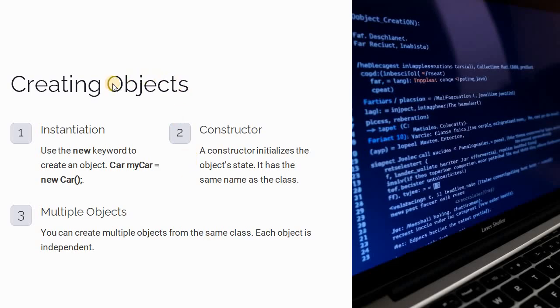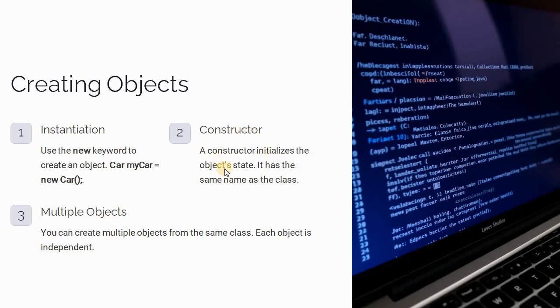How is an object getting created? There are multiple ways to create an object, but as of now this is the simple way: myCar equals new Car, with the new keyword. Whenever the new keyword is called, the Car blueprint in memory calls the constructor.